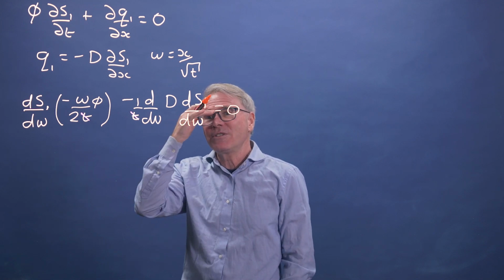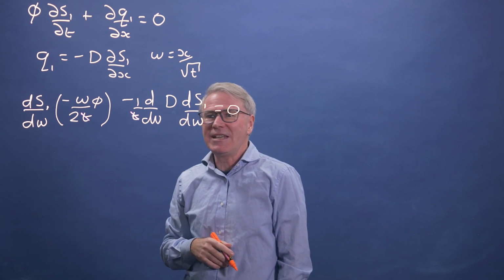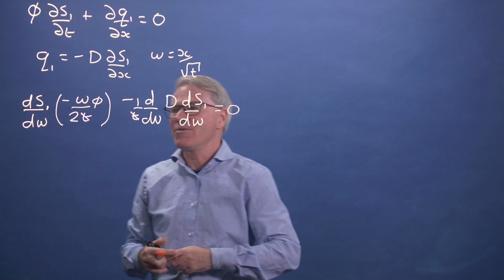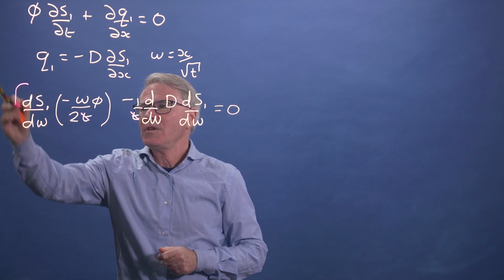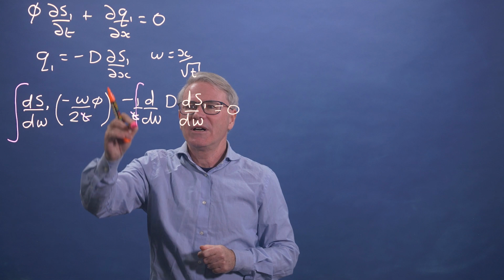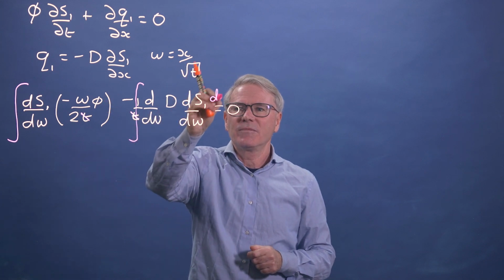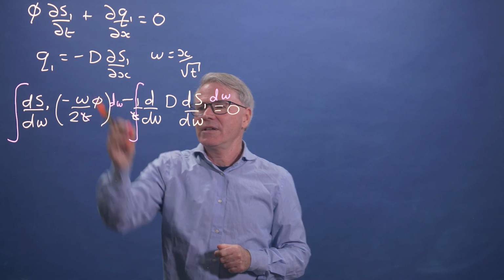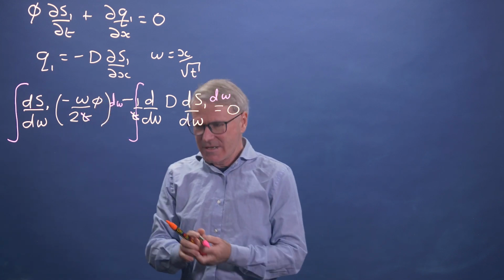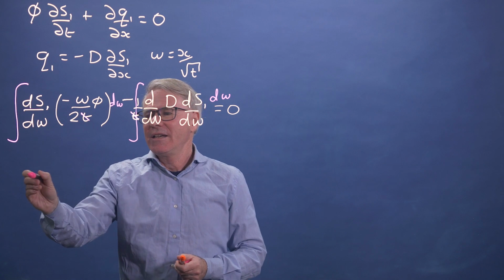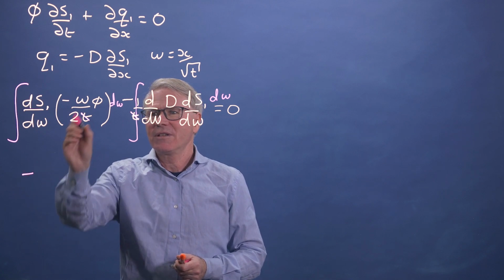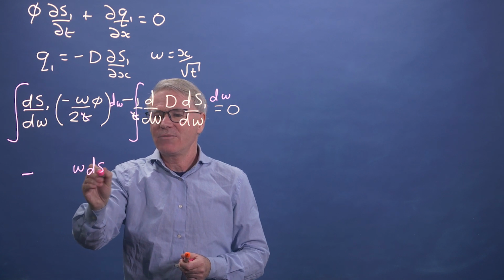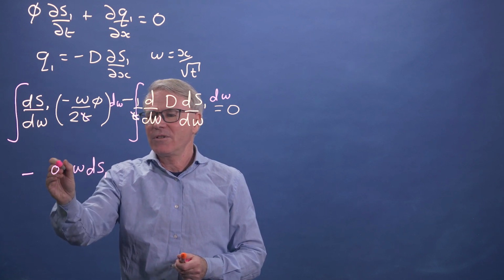What we're going to do first of all is actually integrate this equation once. So we're just going to integrate this equation with respect to omega, d omega. So this first term here is going to be minus the integral of omega dS, and then we've got a phi over 2 term.